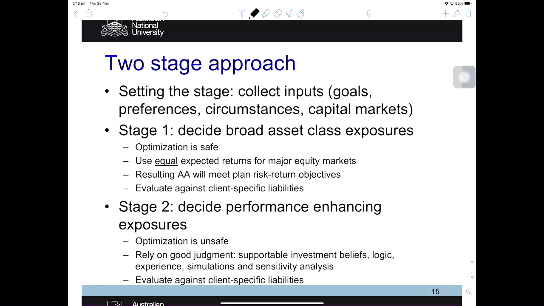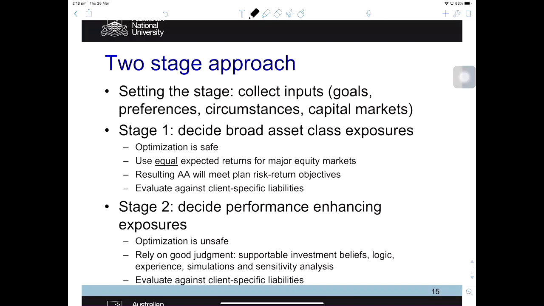So given you understand the investor's circumstances, objectives, risk preference, and also you have a good understanding of the investment universe, the first stage will be a standard mean variance optimization. In the first stage, you're going to assume all of the equity assets on average at equilibrium level are going to have the same level of expected return.